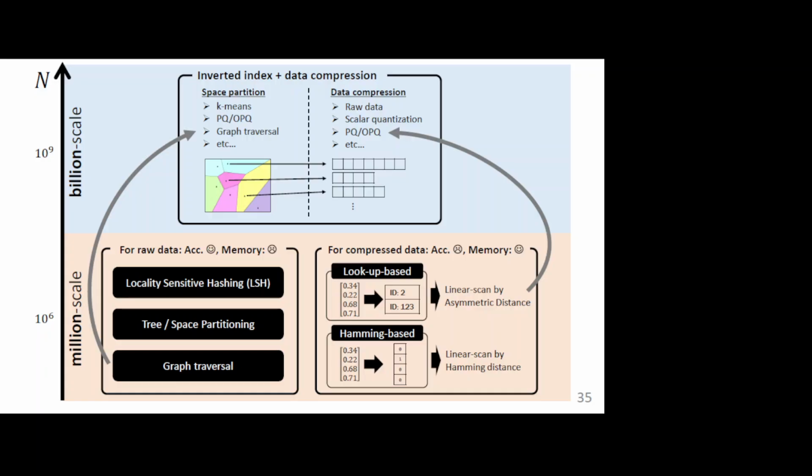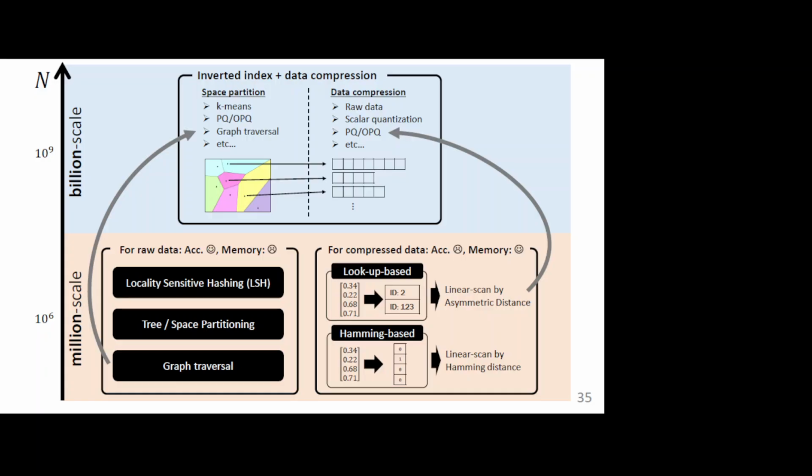And on the right hand side, we will use some compression technique like PQ, or some hash to do the compression. If the data is compressed, the accuracy will decrease, but you also decrease your memory usage.